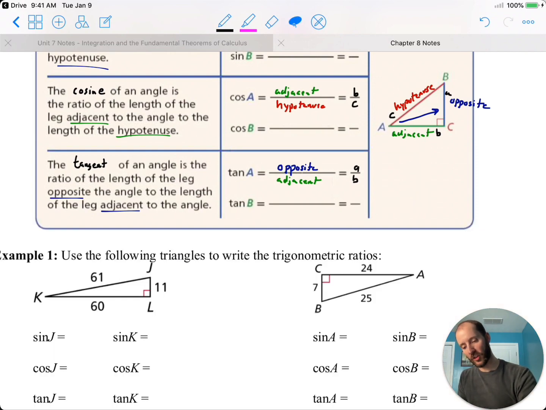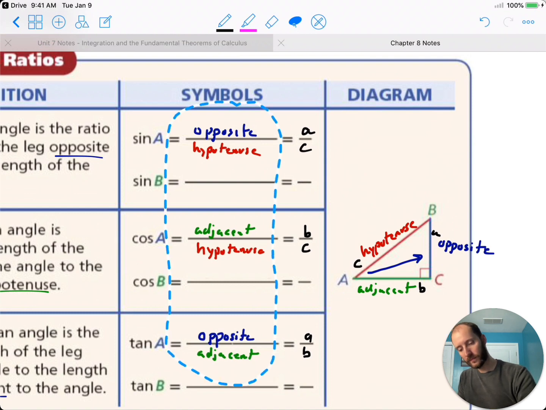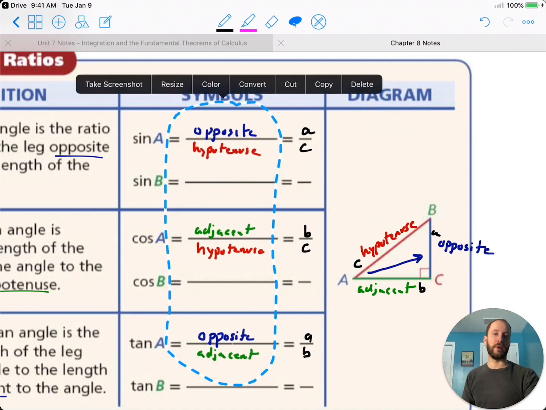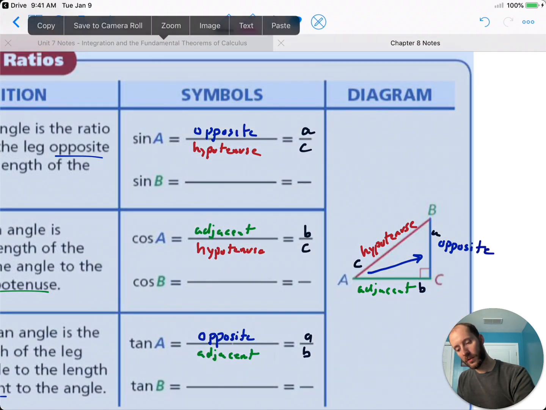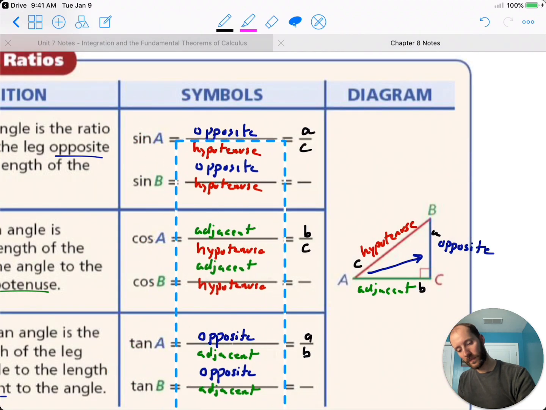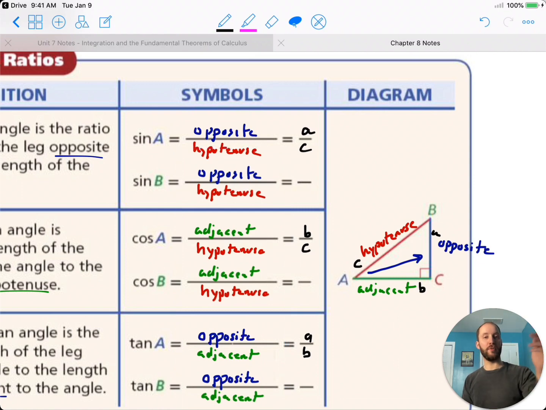And these ratios always hold up. So opposite over hypotenuse, adjacent over hypotenuse, opposite over adjacent. There it is. So to do sine, cosine, tangent of angle B, they're all the same ratios.